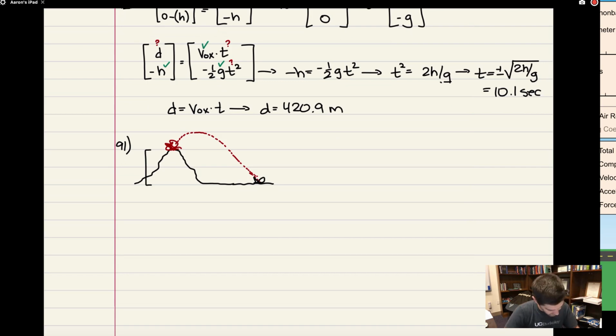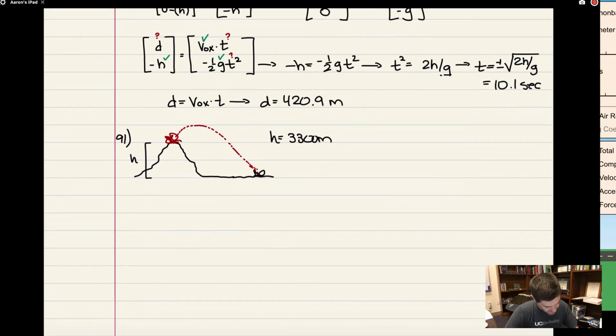A height of 3.31 kilometers, or 330 meters. I'm missing a zero there, 3,330 meters. And that the bomb, the volcanic chunk, lands a distance d away, where d, I believe, is 9.4 kilometers, or 9,400 meters.